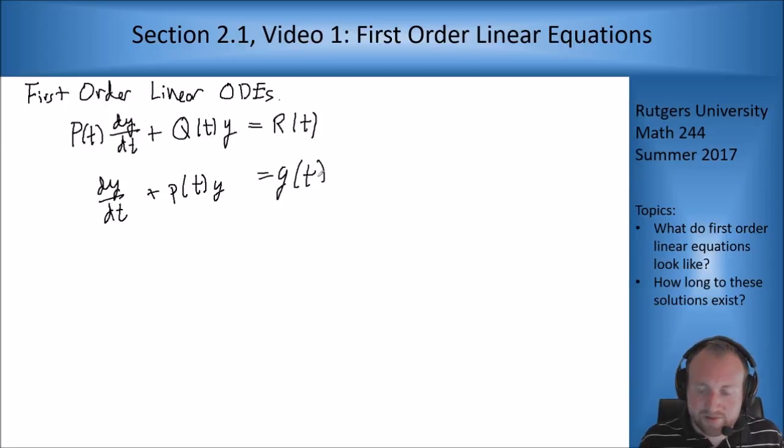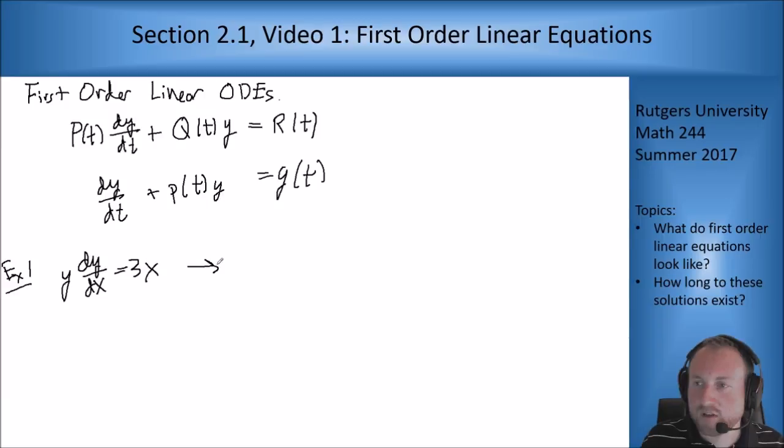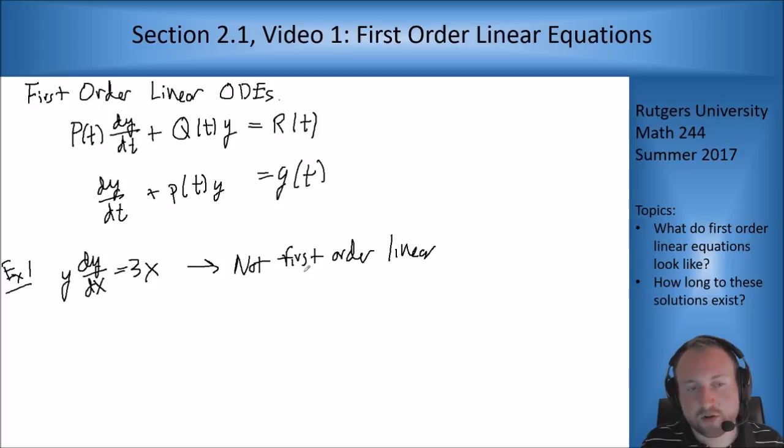Let's look at some examples. If I look at the ODE y dy dx equals 3x, what do I know about this? This is not first order linear. It is first order, there's only one derivative, but it's not linear because I have a product of y and dy dx. That makes it a nonlinear equation.